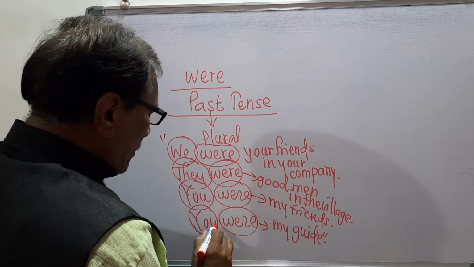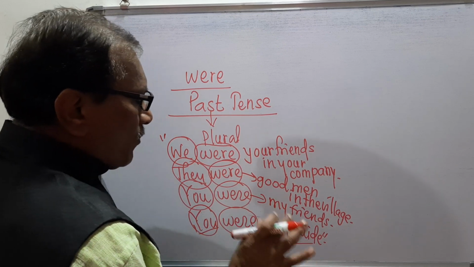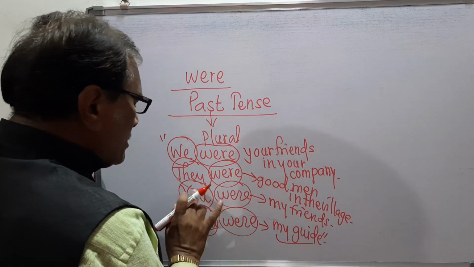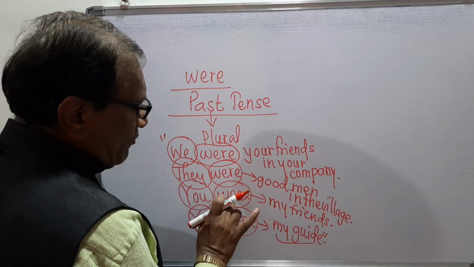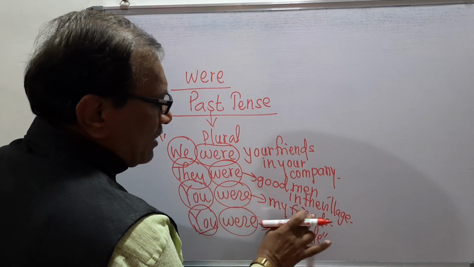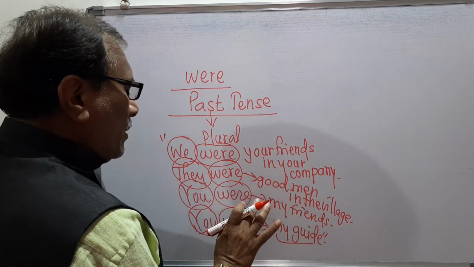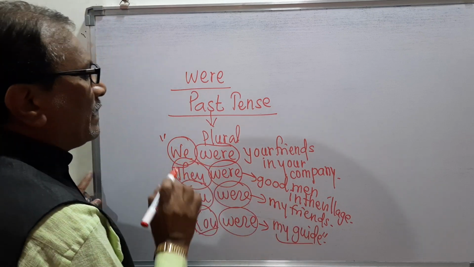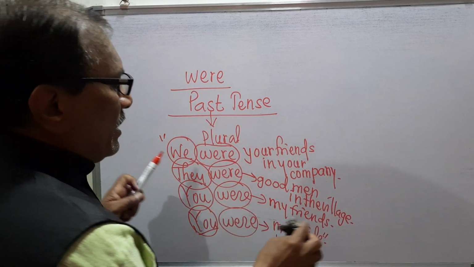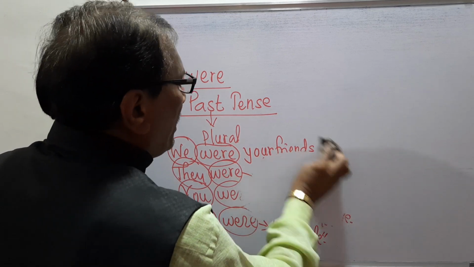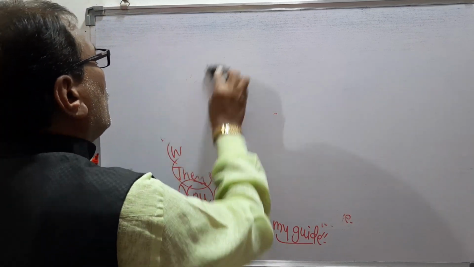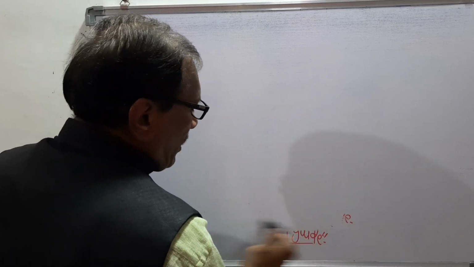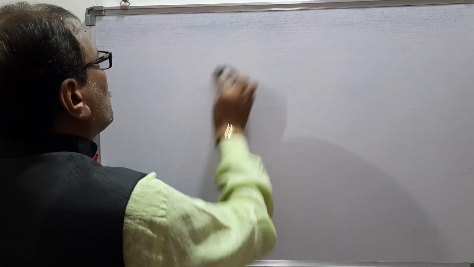You is plural here, so were is plural, and these complements are also plural. My point is that if the subject is singular, the verb is singular, and if the subject is plural, then the verb is also plural.